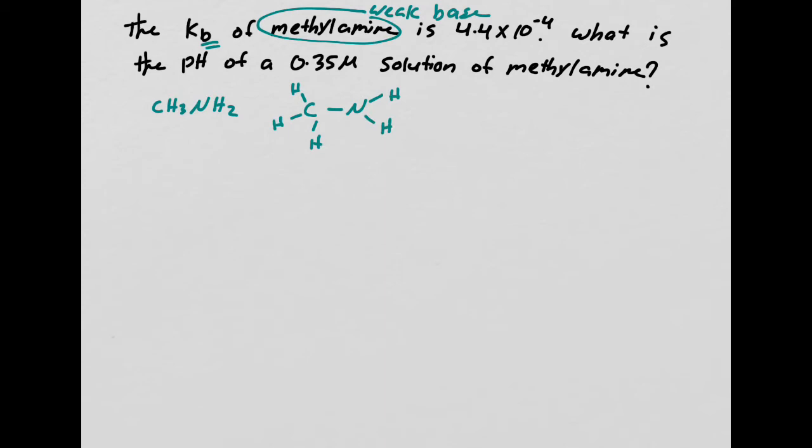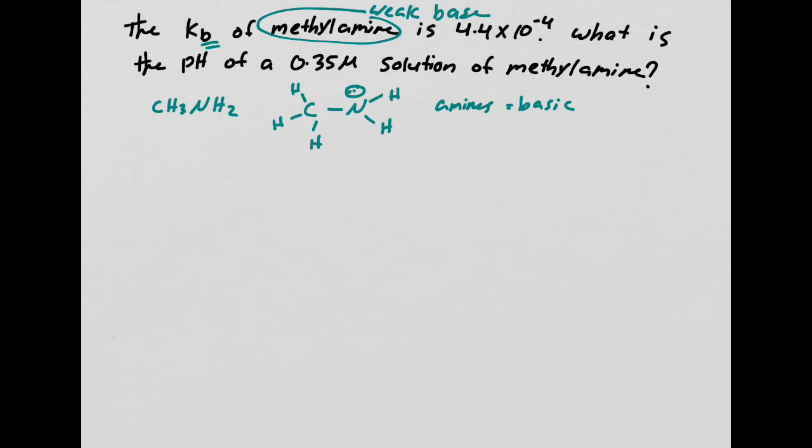And what makes this basic? Amines are basic because of the lone pair on nitrogen. So amines are usually basic because the nitrogen has a lone pair. Now, what does that lone pair mean? When you have a lone pair, that means you can afford to get the hydrogen.